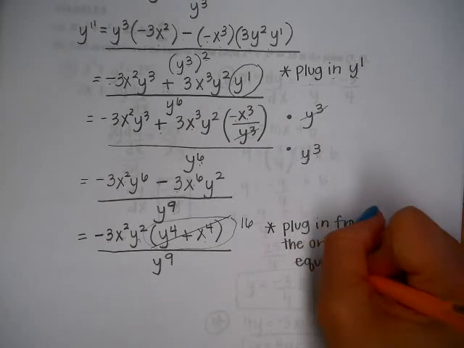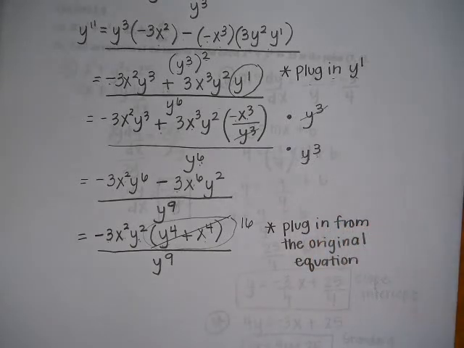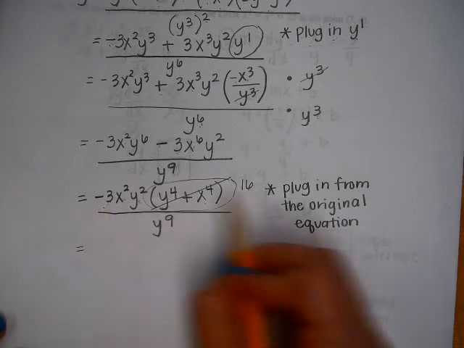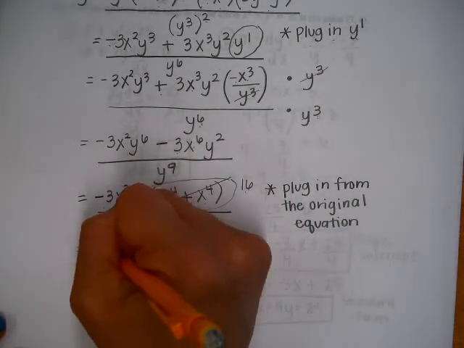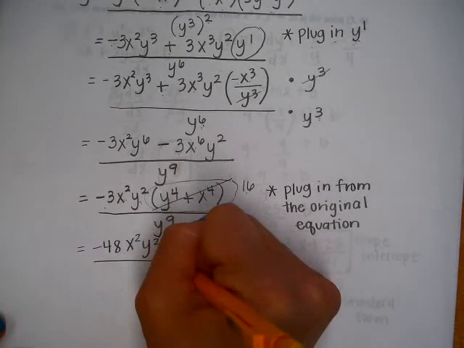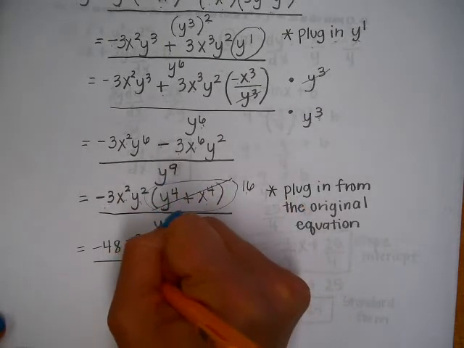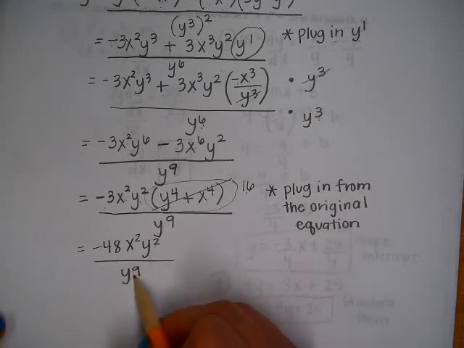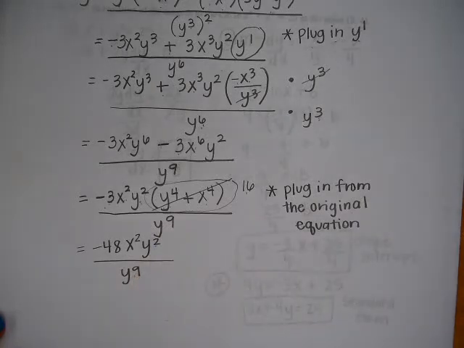Okay, so in this step, we are going to plug in from the original equation. Okay, so now that gives me negative 3 times 16, which is negative 48, I still have my x squared and my y squared all over y to the 9th. But if I have y squared here and y to the 9th in the bottom, our rules about exponents say what?